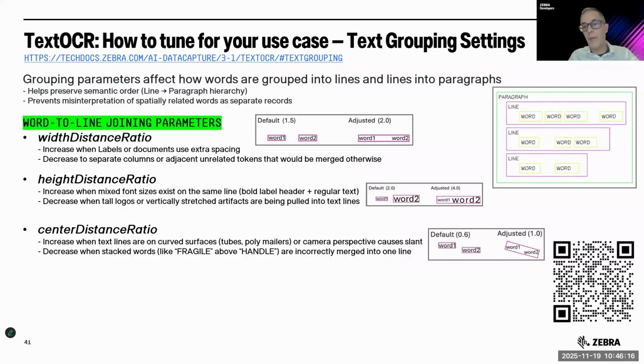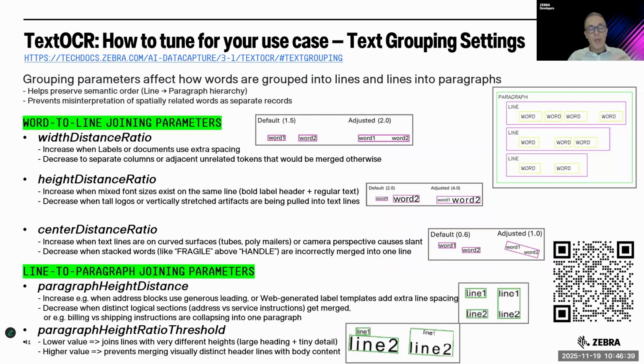If you want them to be combined, you need to increase this value. And the center ratio, the third parameter, is about combining two words on different, visually different lines, when you want them to be returned in the same line instead.